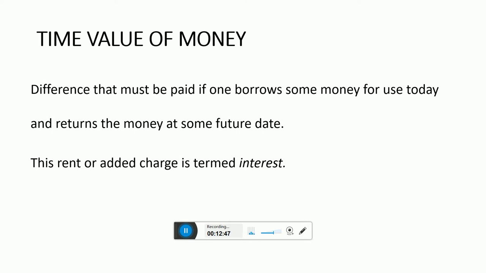After 1 year, what will be the worth at that point? We have to calculate it. That's the time value of money. What commonly refers to the time value of money is the difference, or in our case we can say the rent, that must be paid if one borrows some money for use today and returns the money at some point in the future.